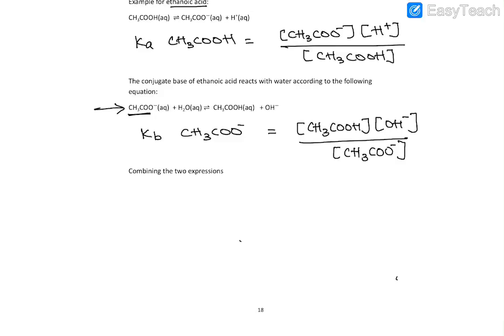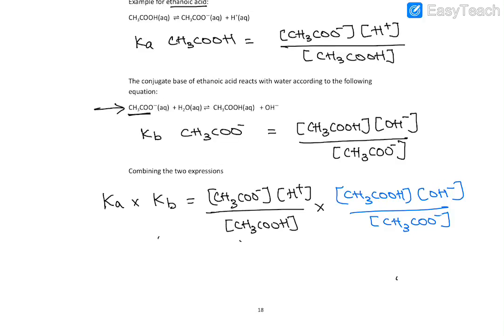Now let's combine these two expressions. Let's multiply Ka and Kb. Try to multiply the two and see if you end up with the same expression as me. If you multiply the two, you should get this, and you can cancel out these four concentrations so that you end up with H+ times OH-.